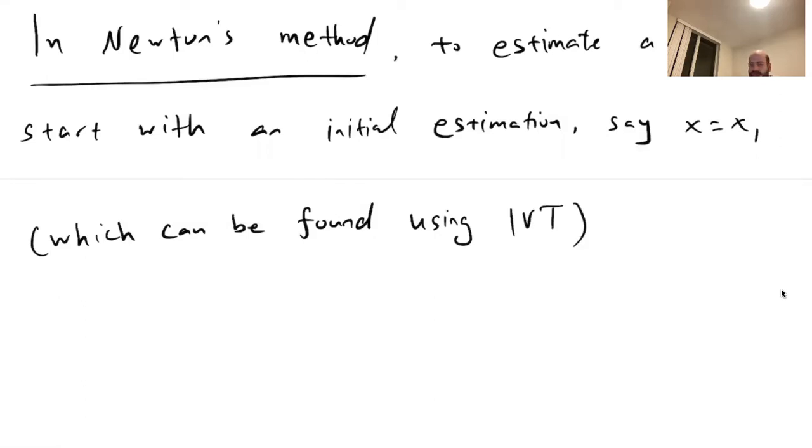Your initial estimation could be based on IVT or any other method. We need an initial estimation. It doesn't have to be very accurate; a very rough estimation is okay. Ultimately, we will get good accuracy when you use Newton's method.